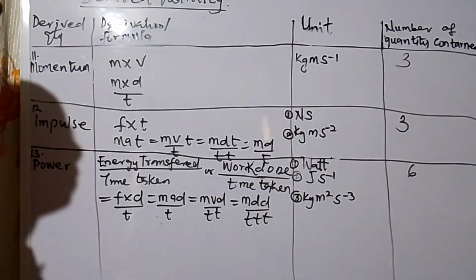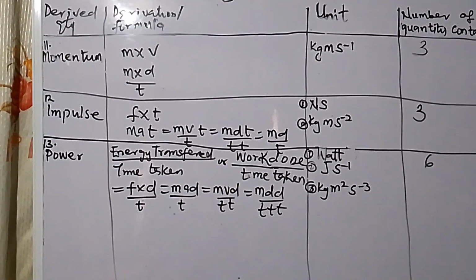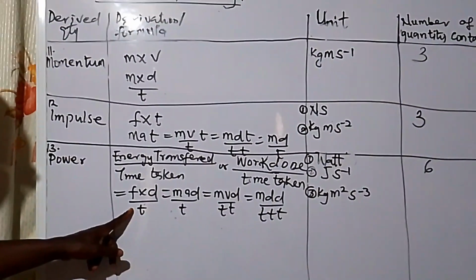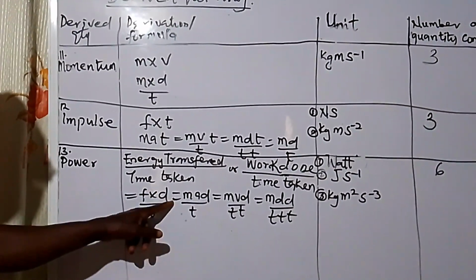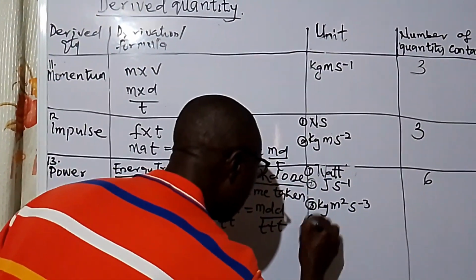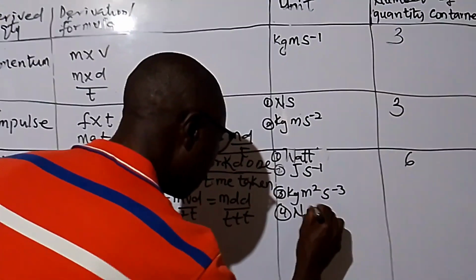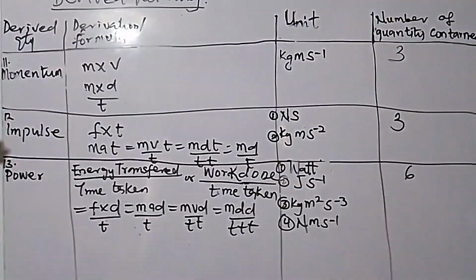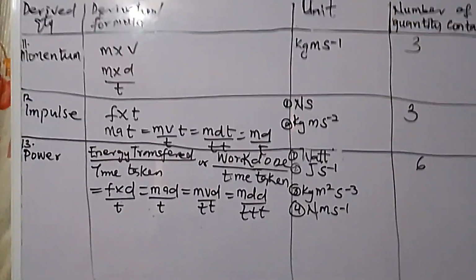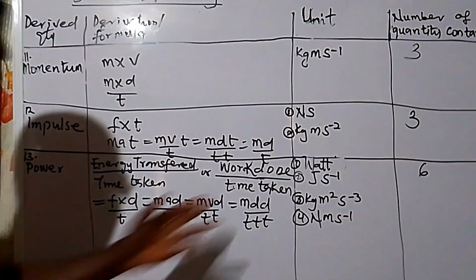Again, let's reverse a little bit to have another unit for power. Let's come here. This is Newton, this is meter, this is second. Then the next unit for power can be Newton meter per second, from F D over T. Making how many units for power now? 4.